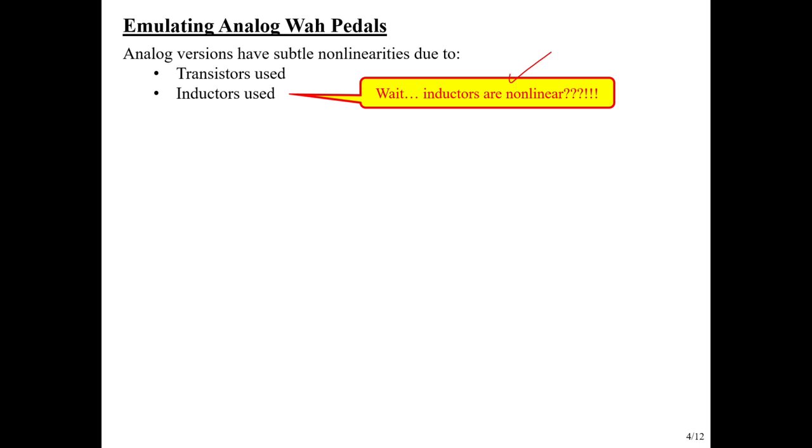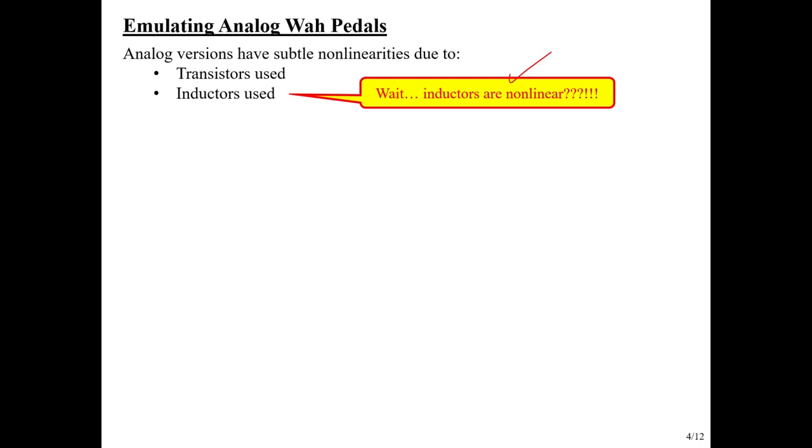If you go back to your circuits class, everything in your circuits class was assumed to be a linear component. Resistors were linear, capacitors were linear, inductors were viewed as linear things. Yeah, inductors involved derivatives, but they were still linear things.